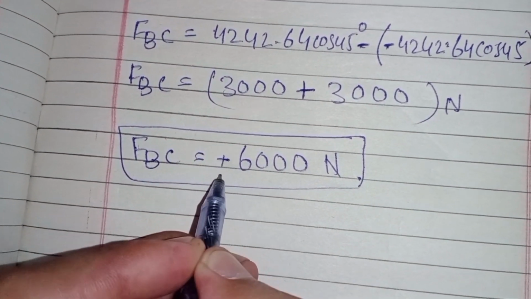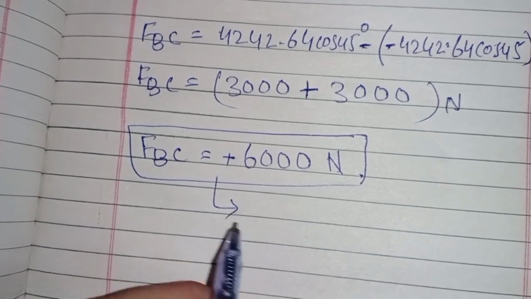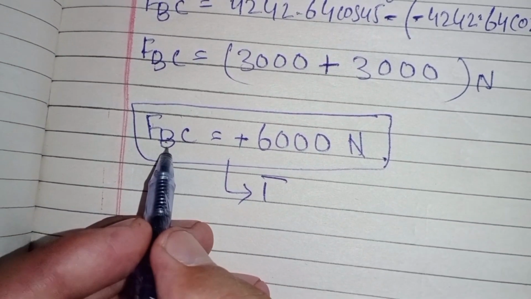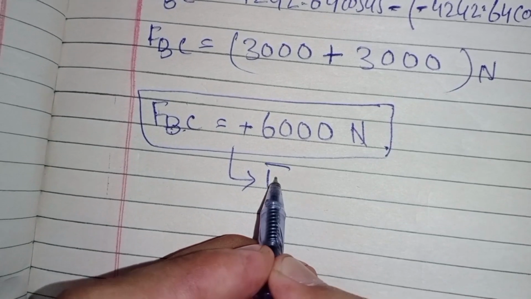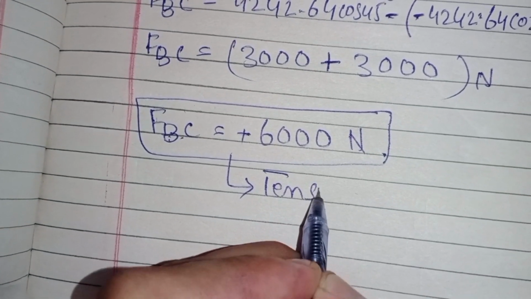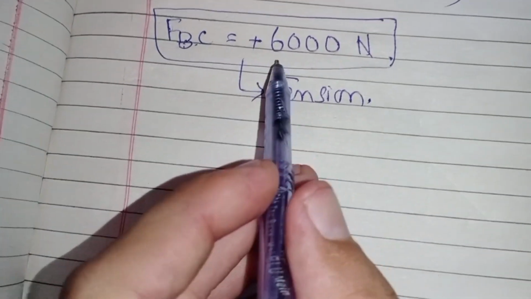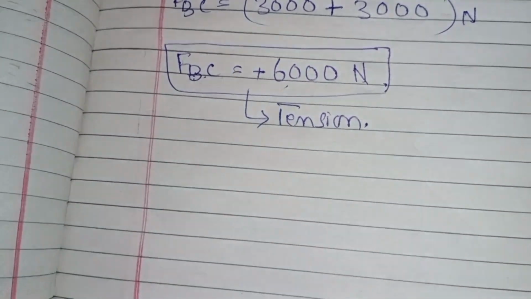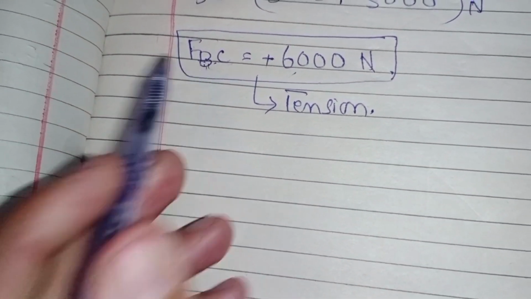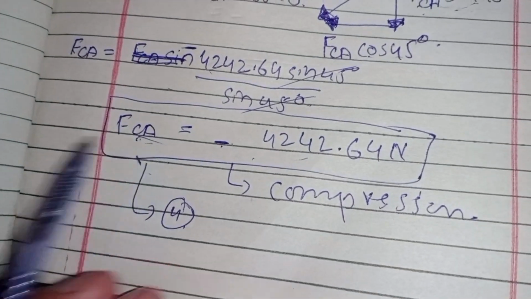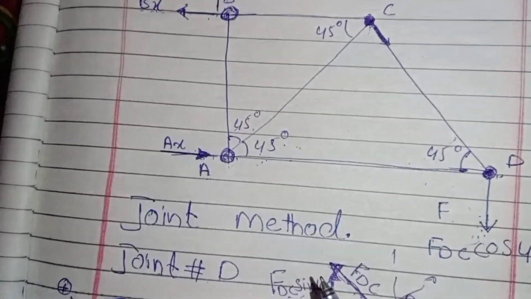This answer with a positive sign means that our assumption was right. This force in member BC is in tension. Okay, we get the answer for the force in members BC and CA.